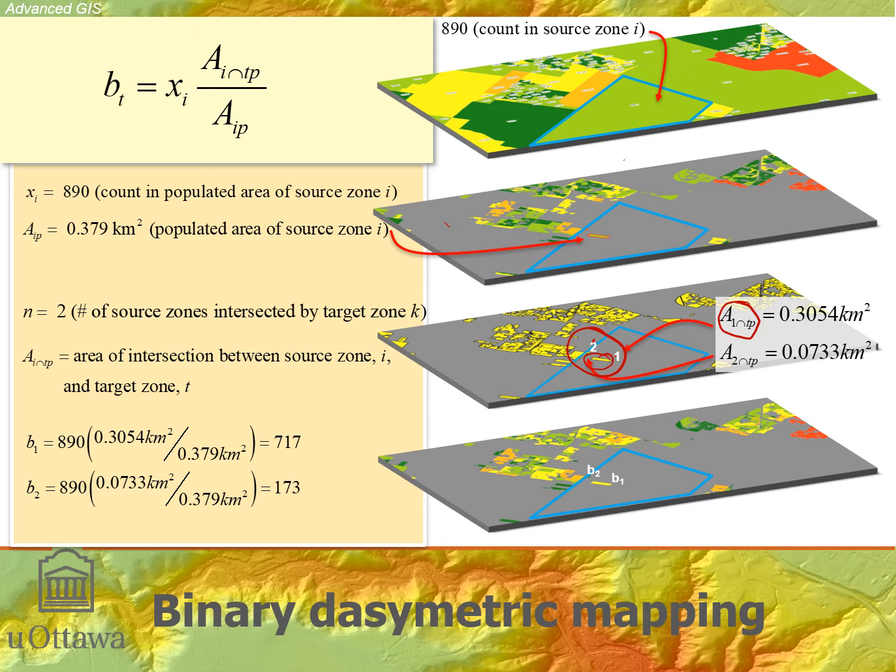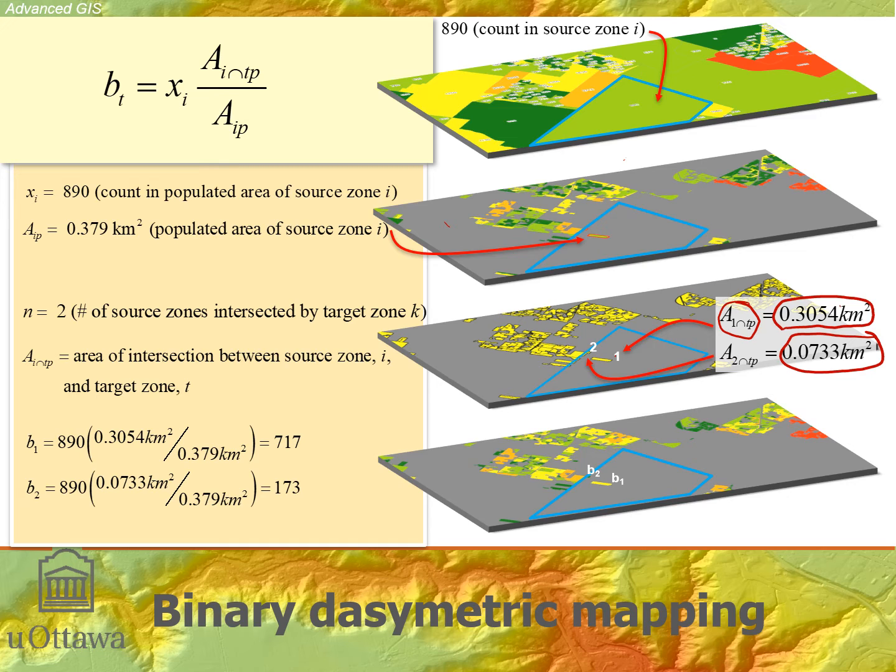The area of each of these 1 and 2 polygons right there are divided by the total area to give us how much area is intersected here. So if you add these two together, 0.3 square kilometers and 0.07 square kilometers, that gives you the total area of 1 and 2. And that's the intersected area.